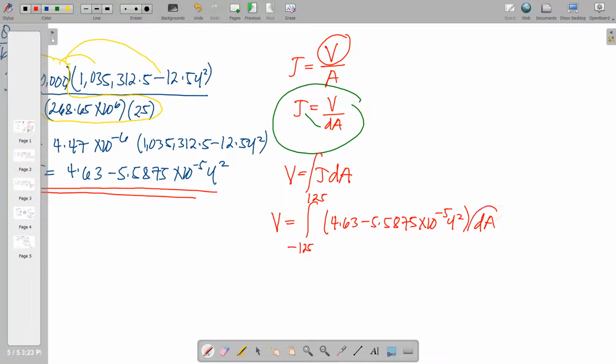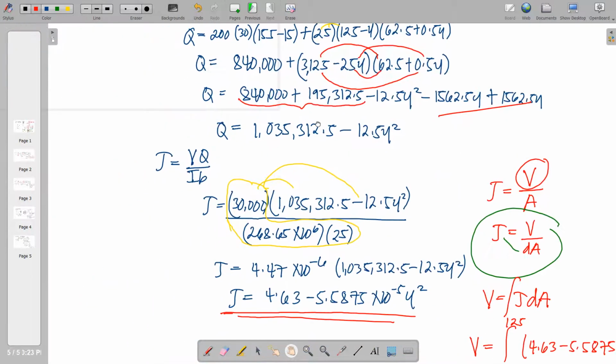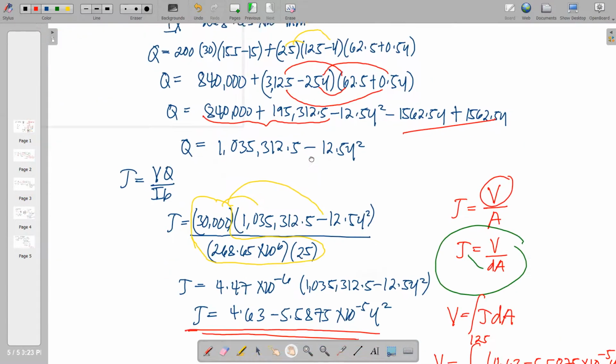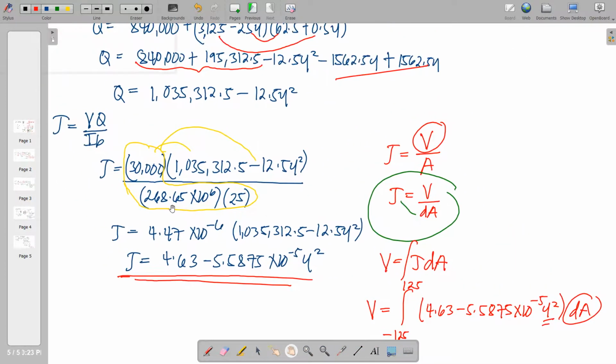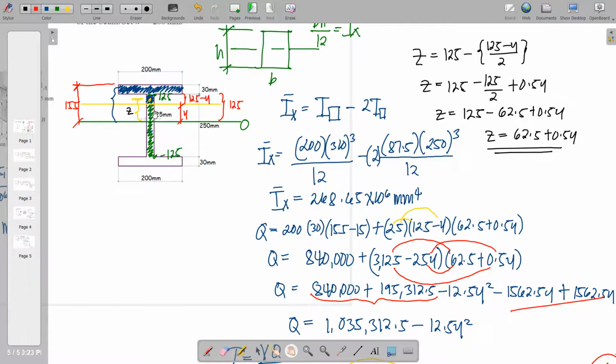dA should be parallel to what we are integrating here. So the differential area from the figure, you can see, this is the differential area, the blue portion from negative 125 up to 25.